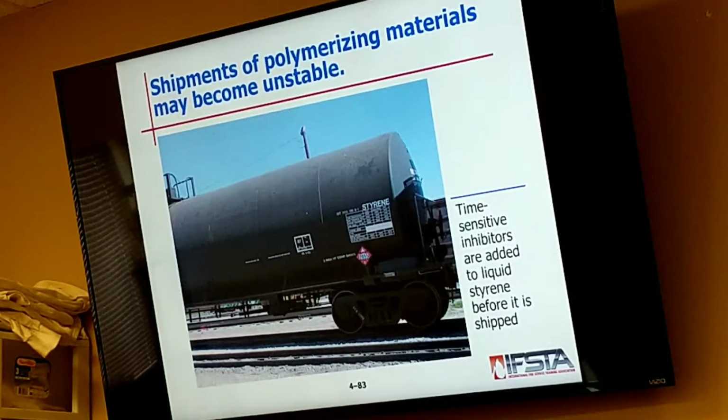Styrene is time sensitive. An inhibitor has been added to the styrene. What they do when they add that to it is try to keep it for 20 to 30 days, because some days when it's traveling down the rails, it might not get there right away, it might sit in the yard for a while. So they put that stuff in so it doesn't polymerize.